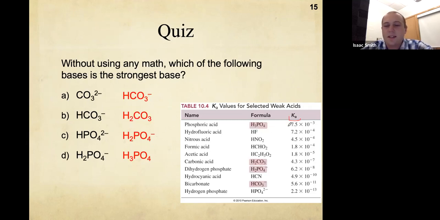Another way to do it is just to remember that Ka and Kb are inversely proportional. So whichever conjugate acid has the lowest Ka means that the base would have the highest Kb. Okay, so if we look at carbonate, this is the lowest Ka, so that means that CO3 2 minus would have the highest Kb, so it would be the strongest base.